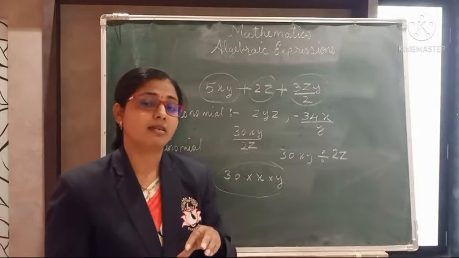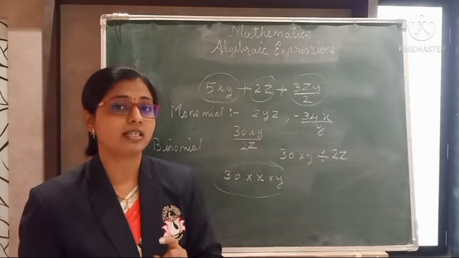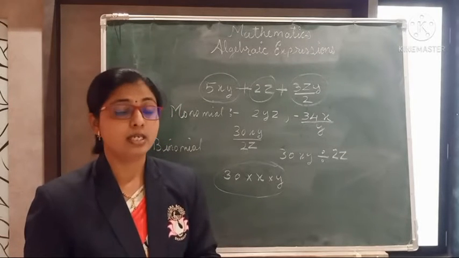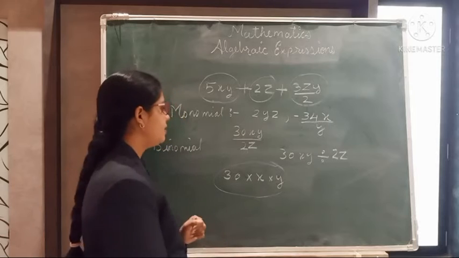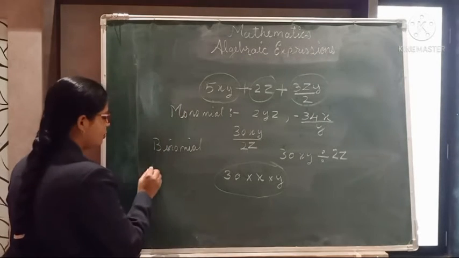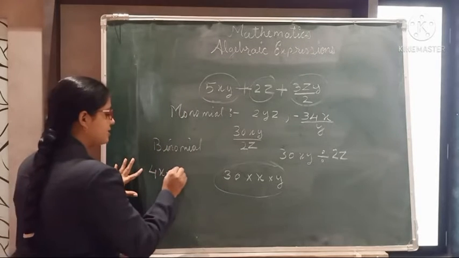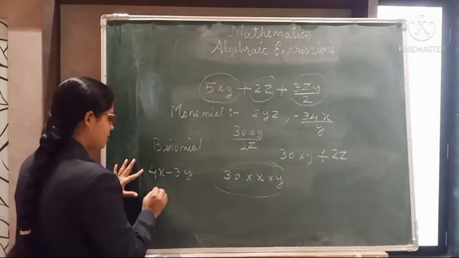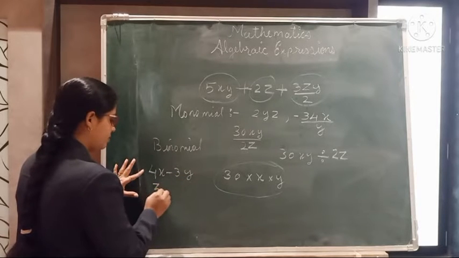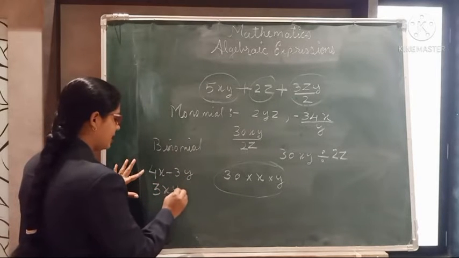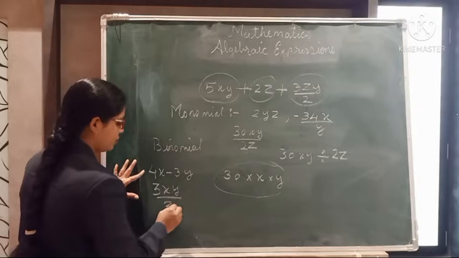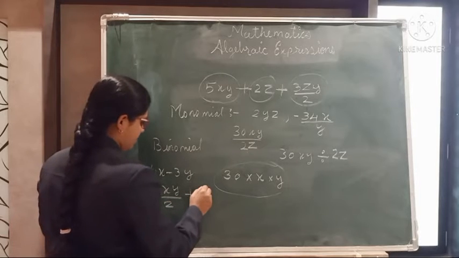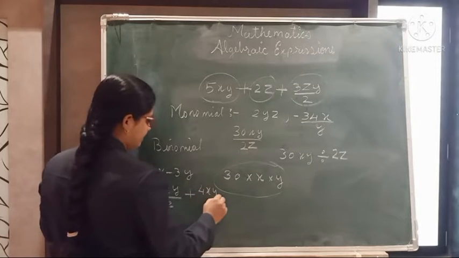Now you know that two terms are separated by a negative or positive sign only. For that I will give you an example, that is 4x minus 3y, and 3xy upon 2 plus 4xy.